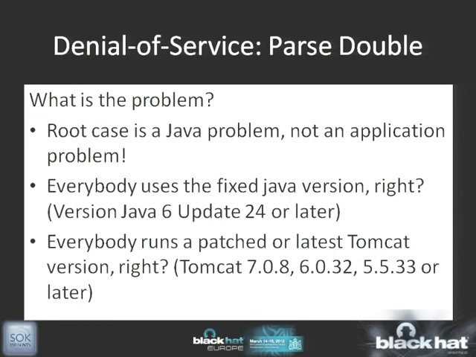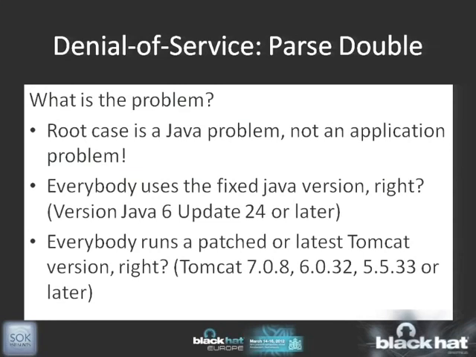So people are aware of that problem, and even the Apache Tomcat people are aware of it, and they say, hey, it's not possible for everybody to go to the latest Java version. You know what? We can still do something in our code too. It's not our problem, but we can still do something to prevent that from happening.